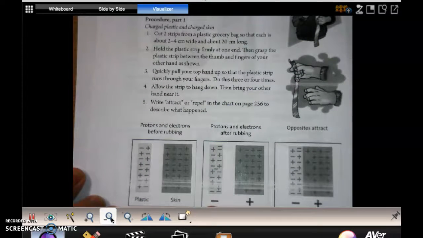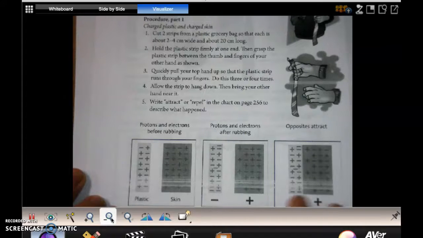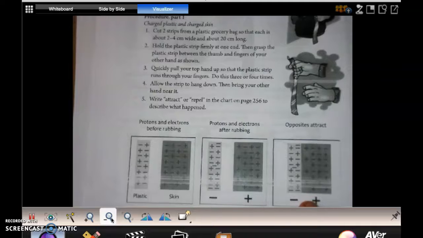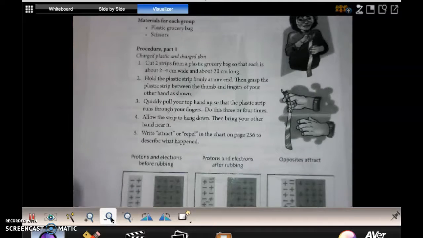After we start rubbing it, the charges line up. And so this becomes a little bit more negatively charged, and our skin becomes a little bit more positively charged, and so opposites attract. So the slight negative charge is attracted to the positive charge on our skin. So that's why we see that happen.